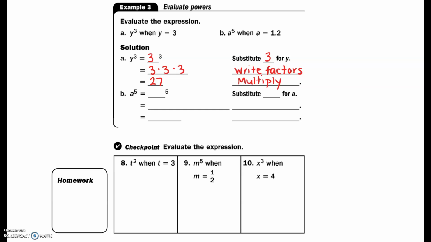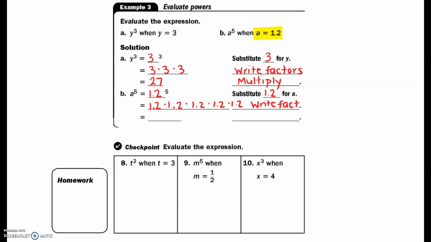For letter B, we are substituting 1.2 for a. So I plug in 1.2. I have 1.2 multiplied 5 times. And I would probably suggest using a calculator for this one.